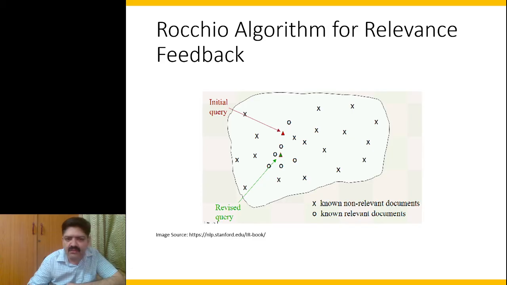All right, so let's assume this is how my space is. Then what do I do? Let's assume this red triangle marks my initial query. So the initial query is here. And if this initial query forms the centroid, I am interested in the angle between the vector connecting this to the origin and all the other relevant vectors, right?